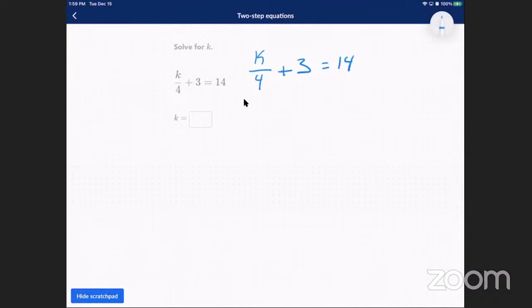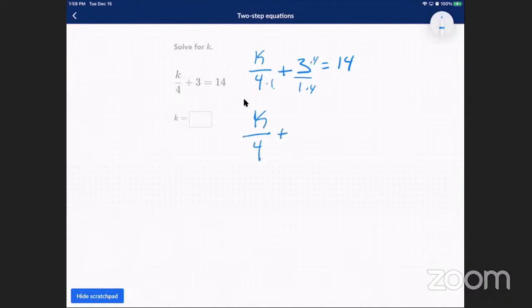3, 14. And then you have, this will be k over 4 plus 3. You can put 3 over 1 like this, and then we can go ahead and solve for 4. Well, not on both sides. We're going to basically find the greatest common factor by using these two multiples, 1 and 4, to get us to something that shows two fractions that have the same denominator, showing that they're equal, because we have a variable inside the equation.